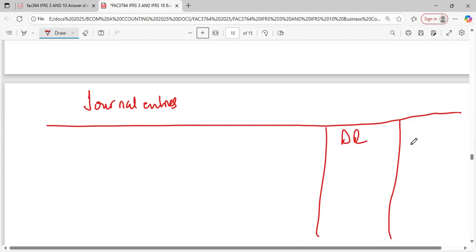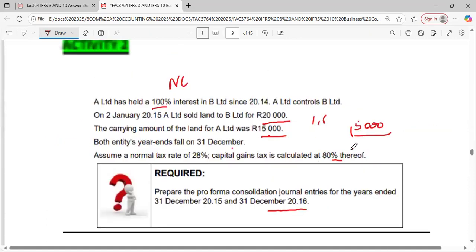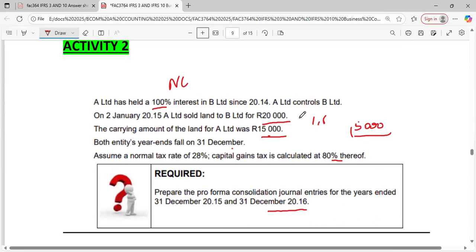So we want to eliminate that unrealized profit. Remember, the reason why we have to eliminate it, we call it unrealized profit, is that the property is still with a member of the group. So every time we do our consolidation, we have to eliminate the unrealized profit. Remember, this elimination is only done with consolidation.